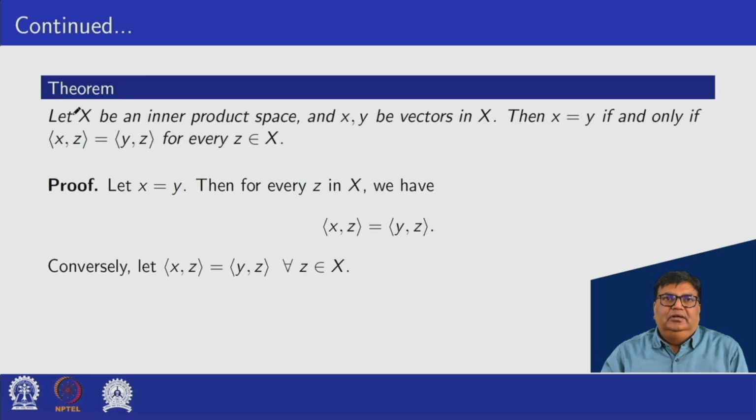Theorem. Let X be an inner product space and x, y be vectors in X. Then x is equal to y if and only if inner product of x, z equals inner product of y, z for all z belonging to X. Proof. Let x be equal to y.